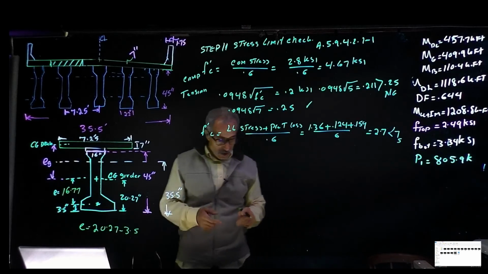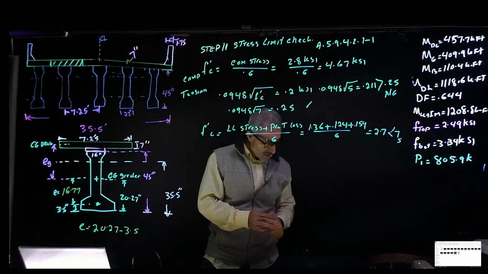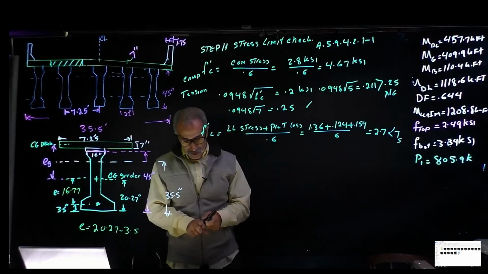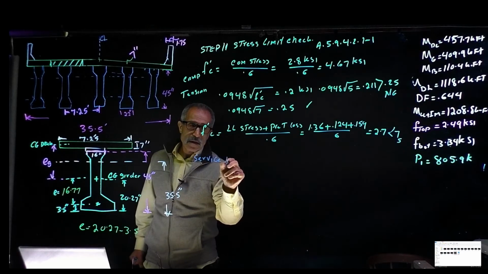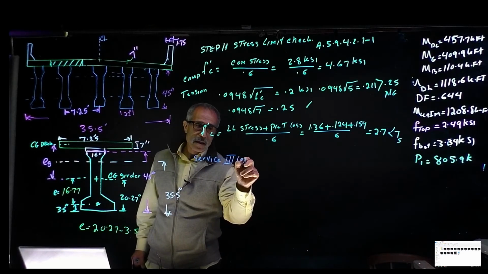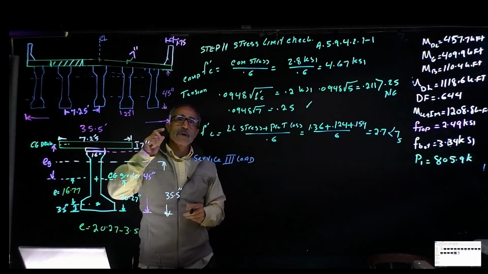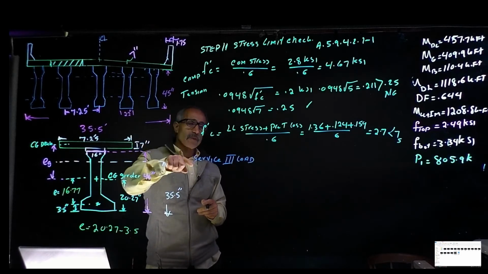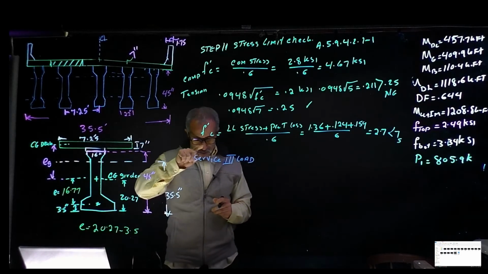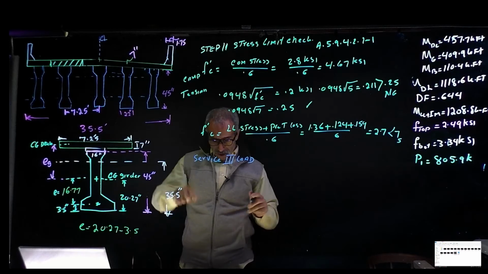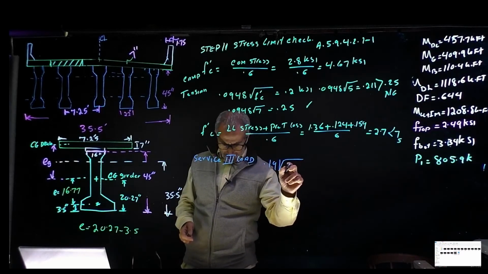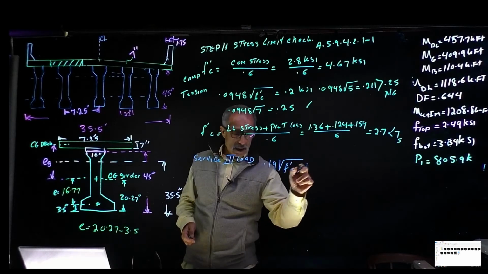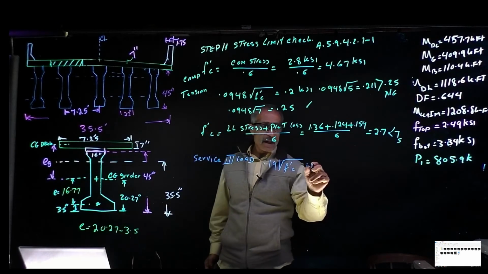Next one we're going to check is the allowable service 3 load. We said at the beginning for compression we're going to use service 1. For tension we're going to use service 3 load. So service 3 load per spec is going to be 0.19 square root of F'c.